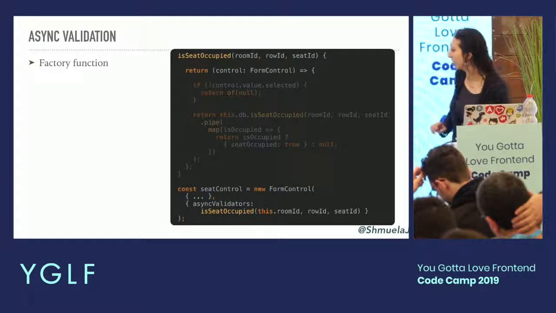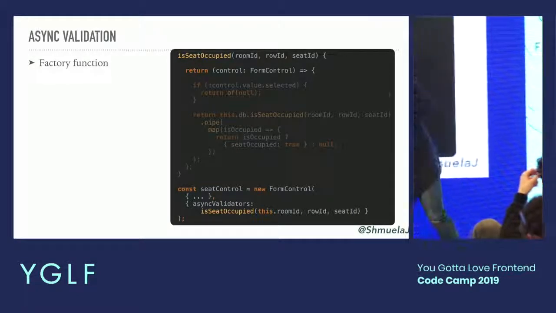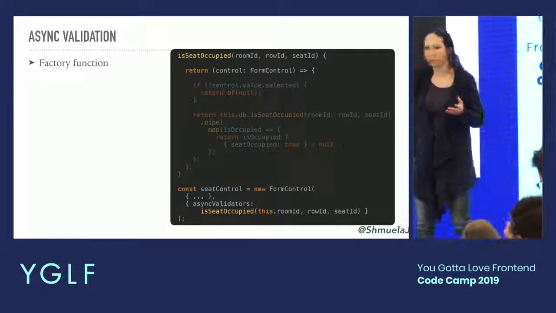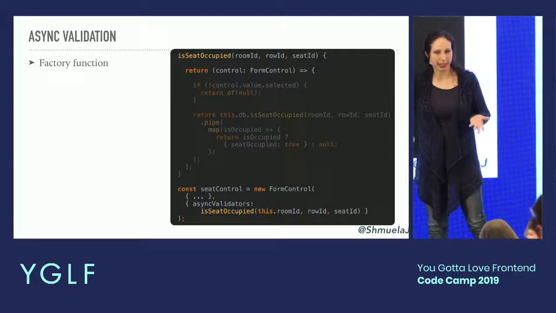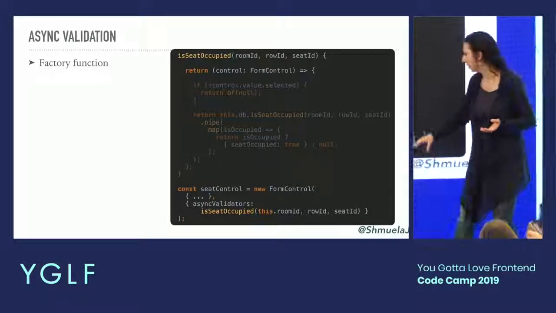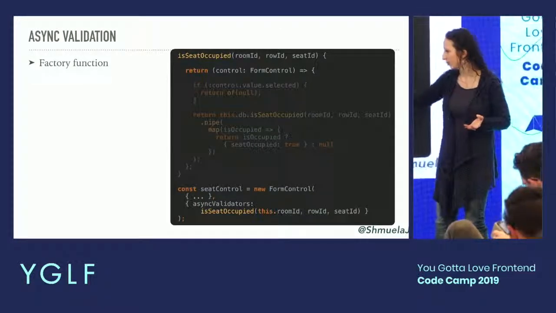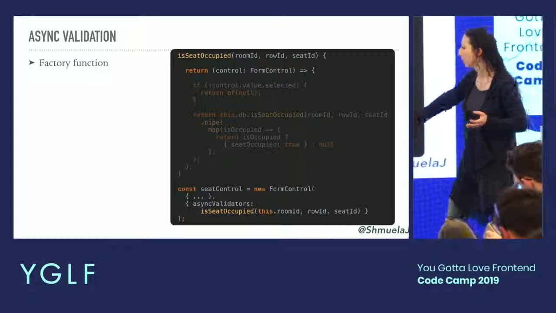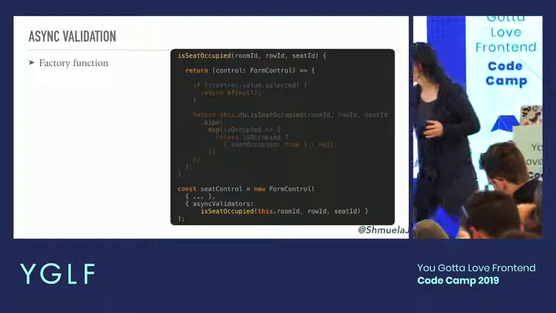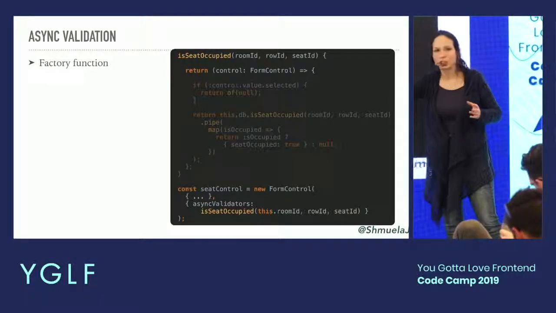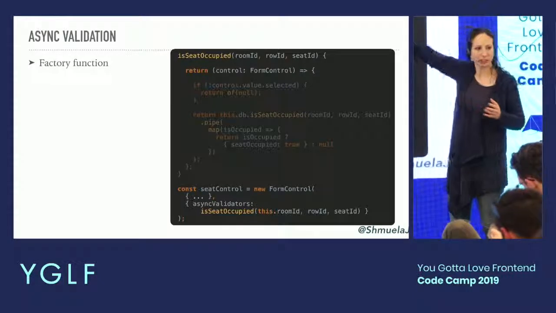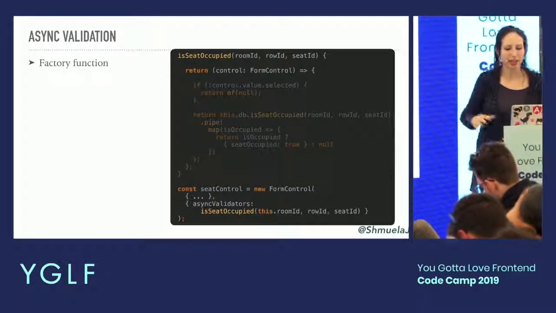I'll say that there's async validators, isSeatOccupied, and pass. I have now, because I just created this seat control, all this data: the room ID, the row ID, and the seat ID. Well, the room ID comes from the room information, and then I initialize this validator. I actually create a validator function, so this is a factory function that's doing that.